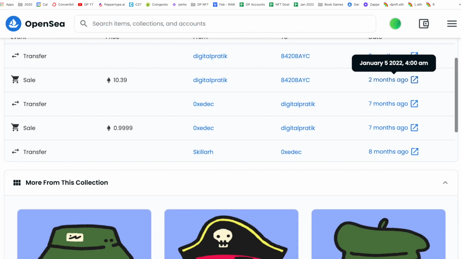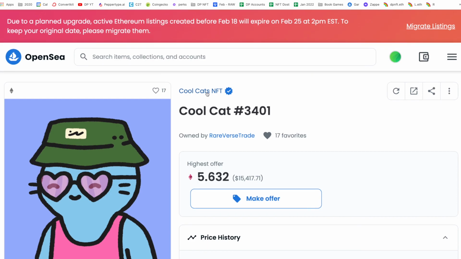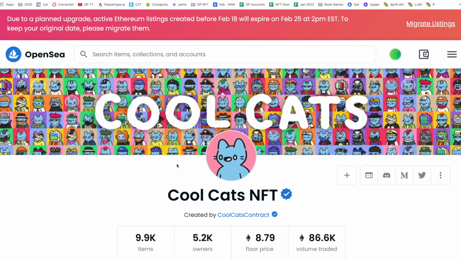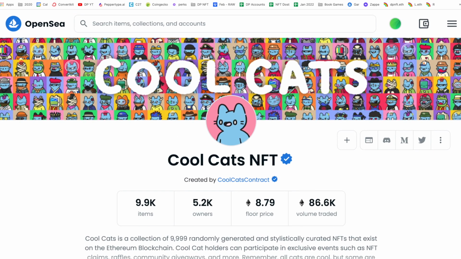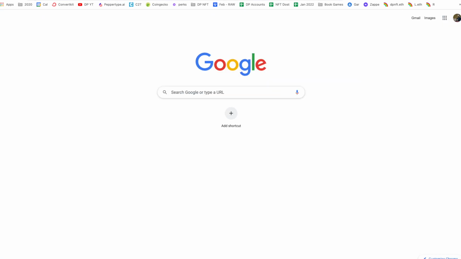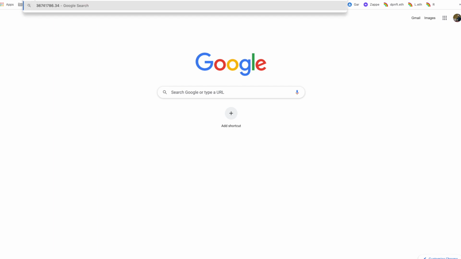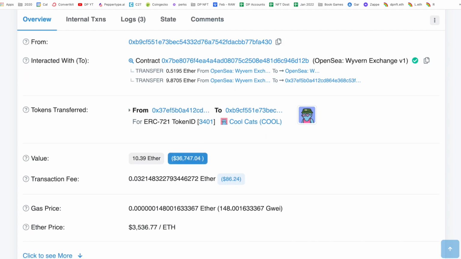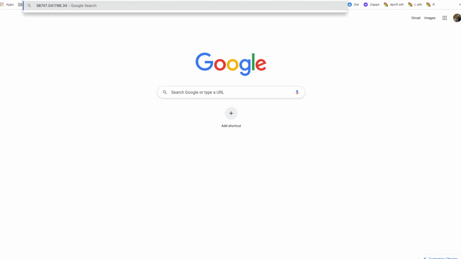In today's market, once again, if we go to Cool Cats and click on the Cool Cats NFT, the price of Cool Cats has obviously decreased as well, and it is not necessary that it would remain this way. It would keep fluctuating here and there. Coming back over here, if I click on this, the estimated value which I earned was about $36,747.04.